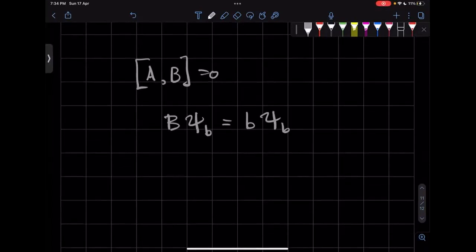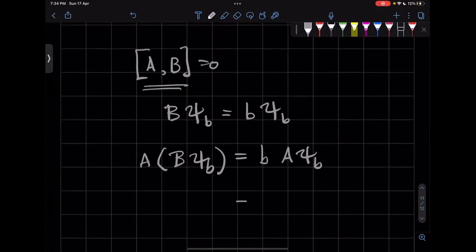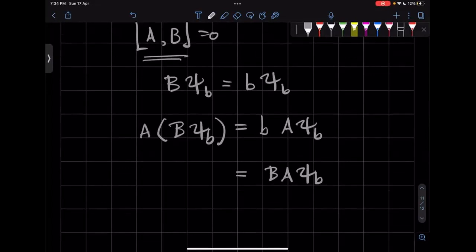And then, because they commute, if you now act A on this vector psi of b, what do you get? You get b times A of psi of b, right? But this is the same thing as B times A of psi of b, right?